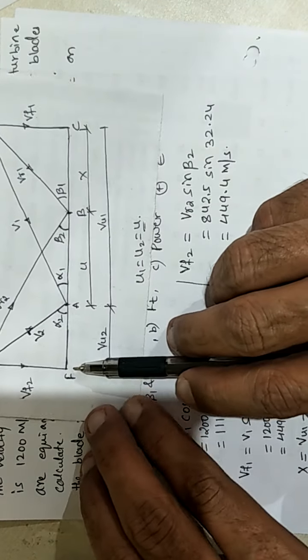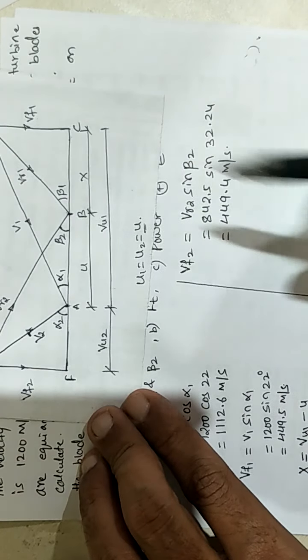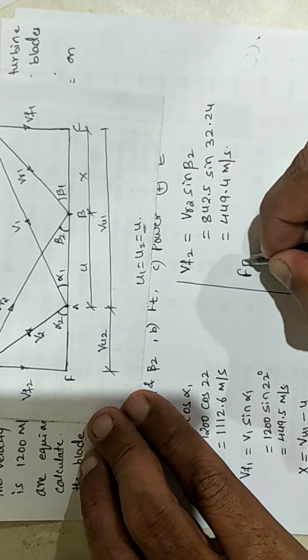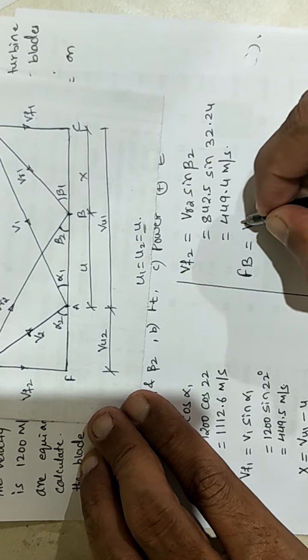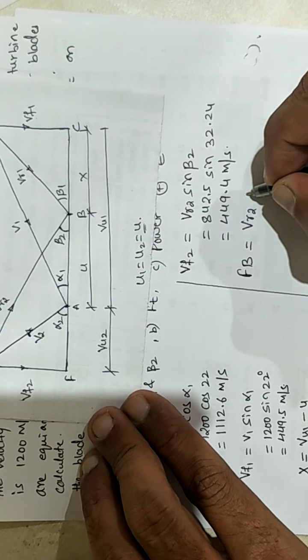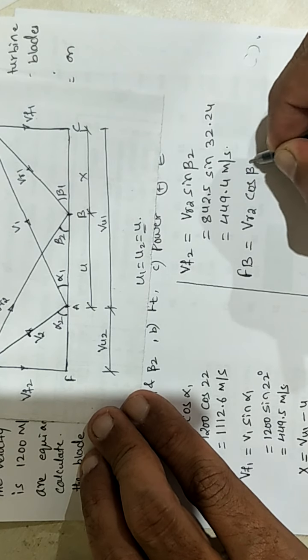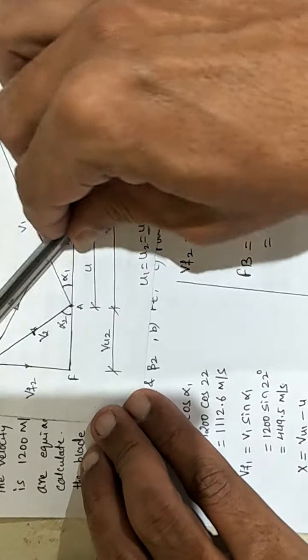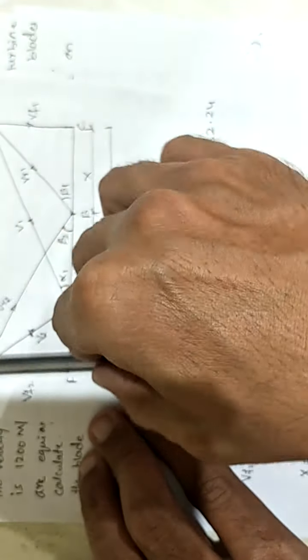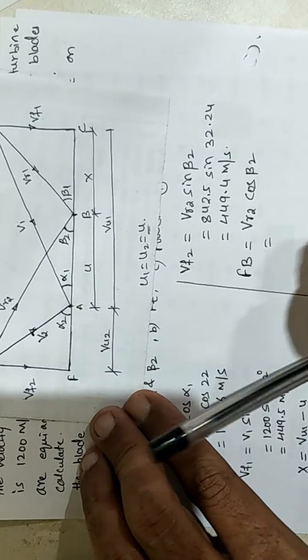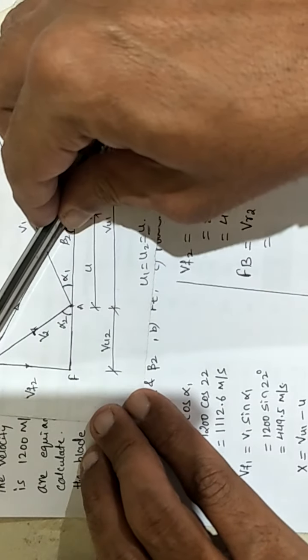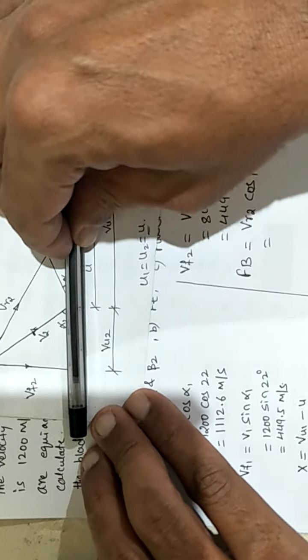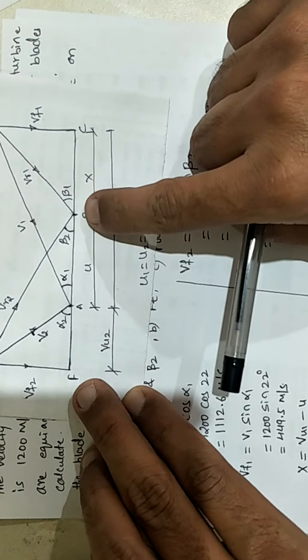Now in this velocity triangle, I am going to calculate the entire length of FB. So FB is equal to VR2 cos of beta 2. Earlier we resolved VR2 in the vertical direction to calculate VF2. Now I am going to resolve this VR2 in the horizontal direction to calculate FB.